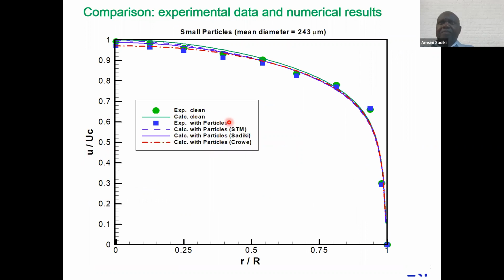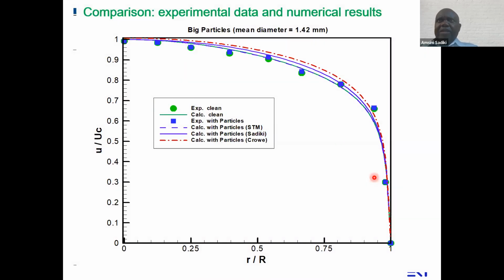So that is the standard turbulence modulation model. It is our model, and this is the core model. So we see that we obtain almost the same profile for this flow, for small particles and also for large particles.